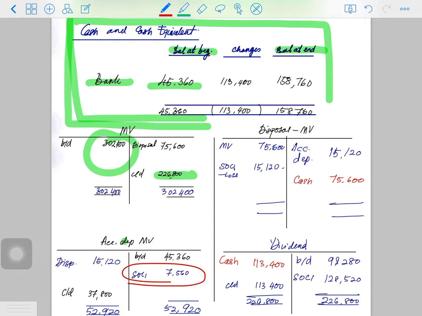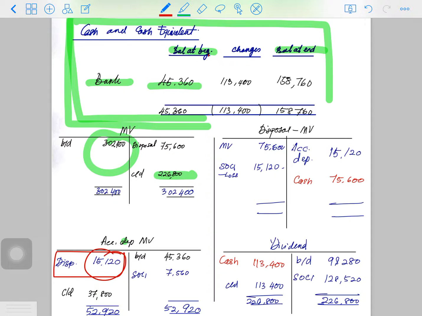That means we credit accumulated depreciation and debit the profit and loss. So the difference here is 15,120.